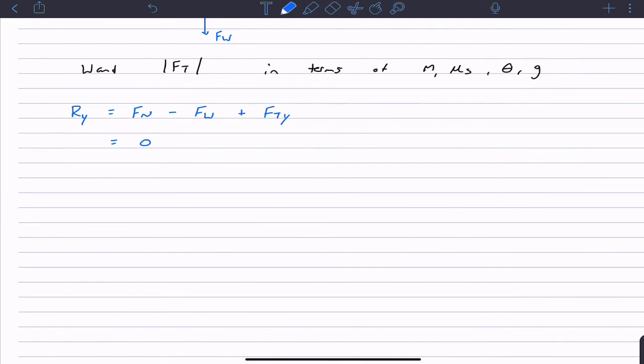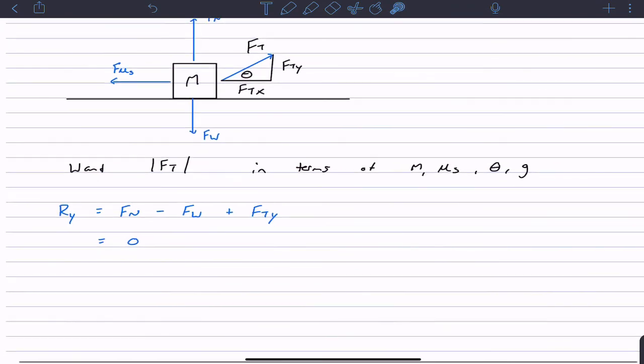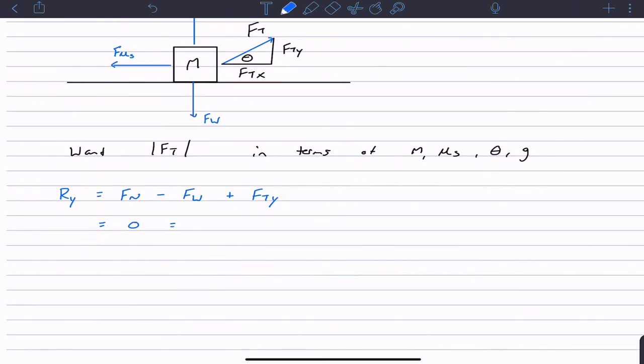So what do we have here? Since this is angle theta, the y component is going to be Ft sine theta, where Ft is the magnitude of the tension. So it's going to be Ft sine theta plus the normal force minus the weight force. And the weight force, as usual, is mg.